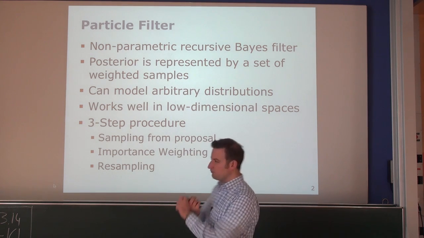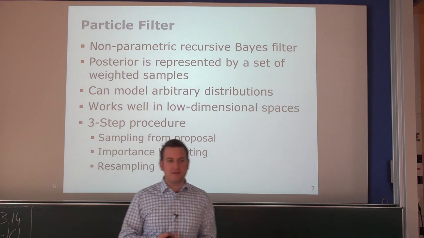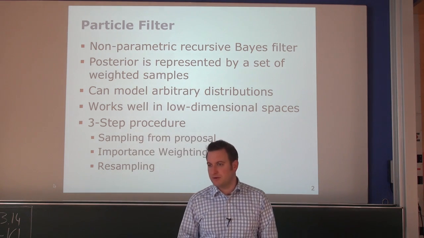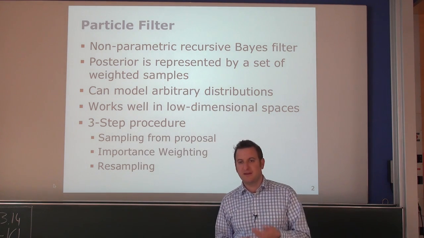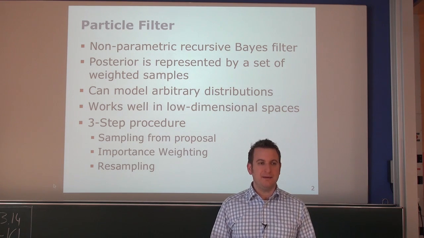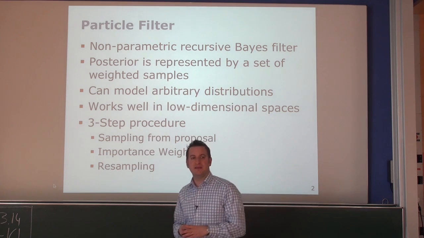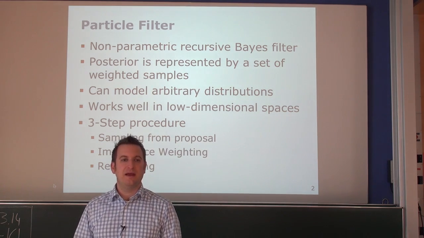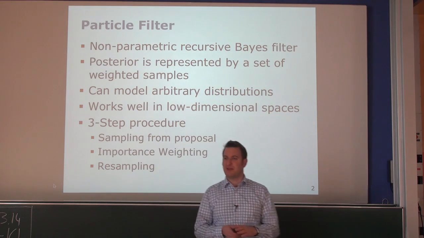What we haven't discussed in detail, but what I at least said last time, is that the particle filter is very well suited for doing state estimation in low-dimensional spaces. If we go to very high-dimensional spaces, that is more challenging. Why? The reason is that I need a sufficient number of samples to cover the regions of high likelihood in my state space. And if I have a high-dimensional state space, I need a huge number of samples.